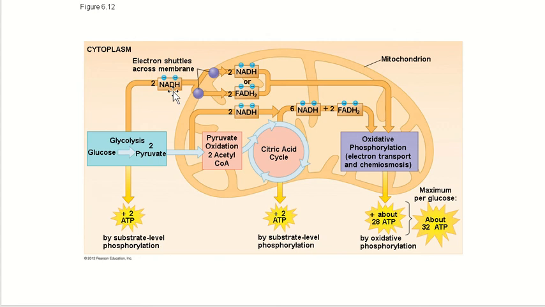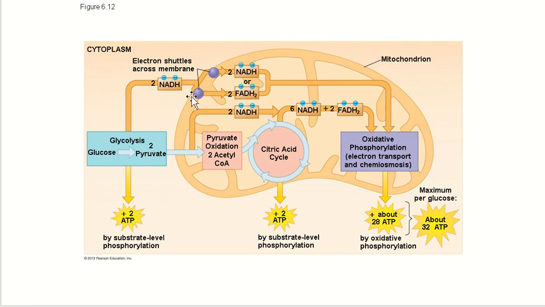Hence, for NADH to pass through, it can undergo one electron shuttle or another. So these two electron shuttles are your malate aspartate shuttle and the glycerol 3-phosphate shuttle.